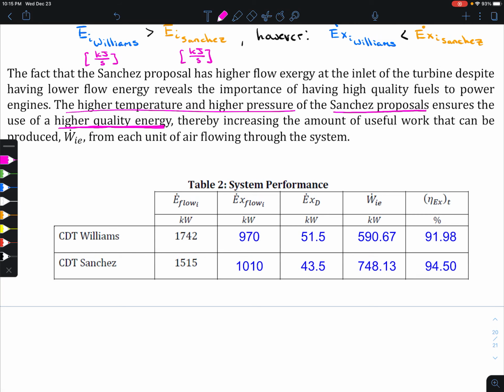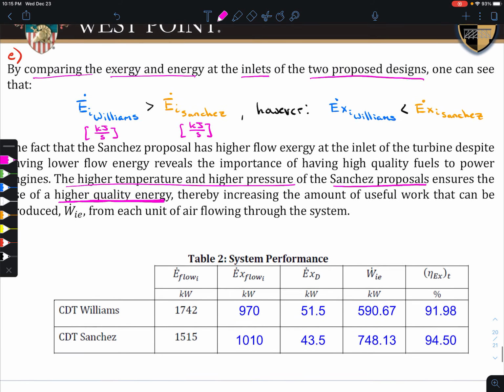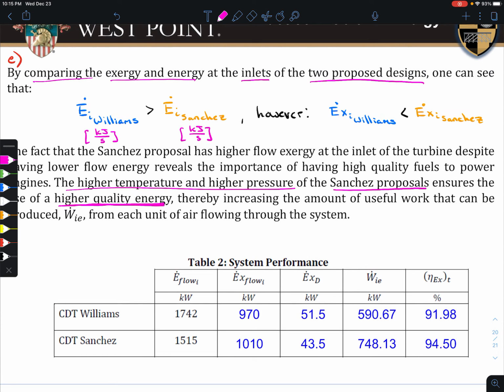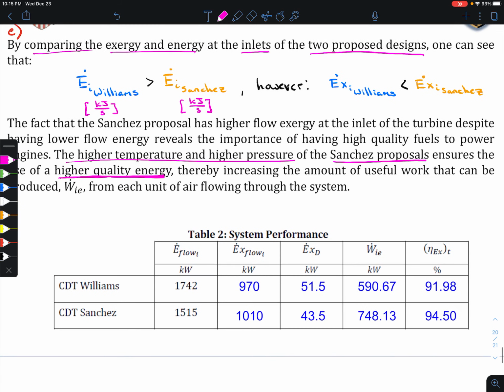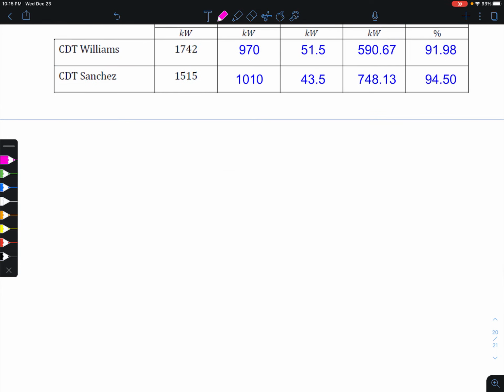So Sanchez, by picking a turbine that had a higher temperature at the inlet and a higher pressure at the inlet, results in a higher exergy flow entering the turbine. And as a result of having a higher exergy flow entering the turbine, his proposal is capable of doing more work, despite the fact that it has a lower mass flow rate flowing into the engine. So that's a very critical commentary.